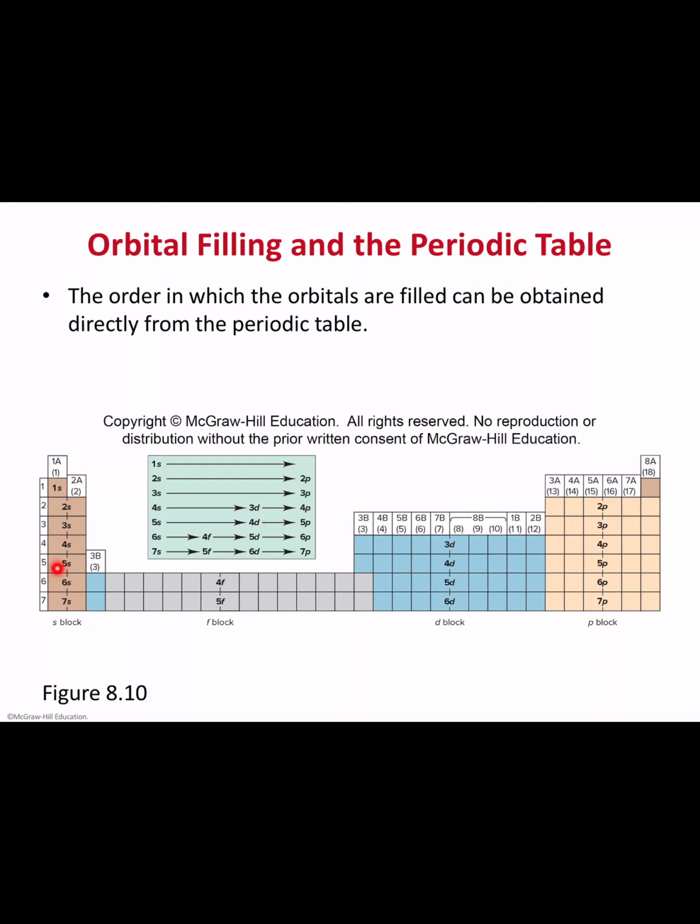And then you have 5s, then goes to the 4d, and then you have 5p. Then you have 6s, and then that gap we have 4f, and then the 5d, and then 6p. This is the 7s section, and then comes the 5f, 6d, 7p.